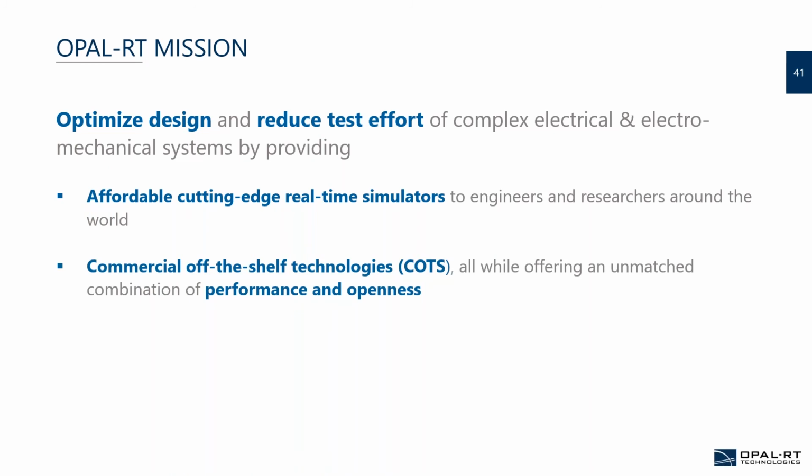Our simulators are based on COTS, commercial off-the-shelf technology. We try to use as many off-the-shelf components as we can to be really performant, and we are really flexible in our offers. For example, we use Intel and standardized motherboards, really ruggedized ones, but something we can find on the market.